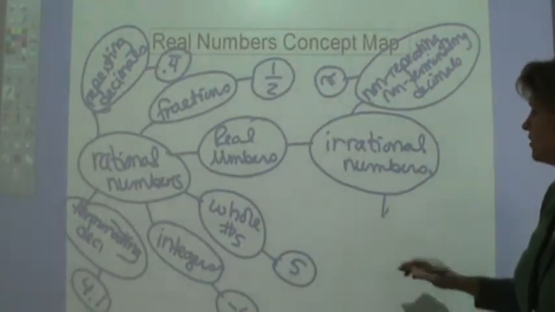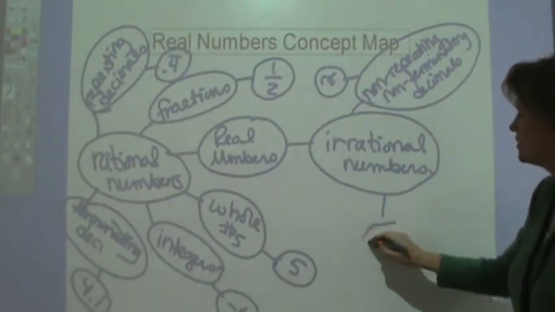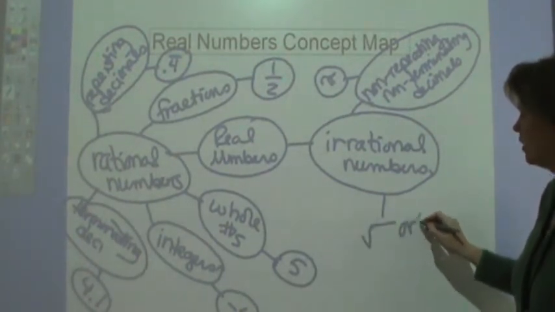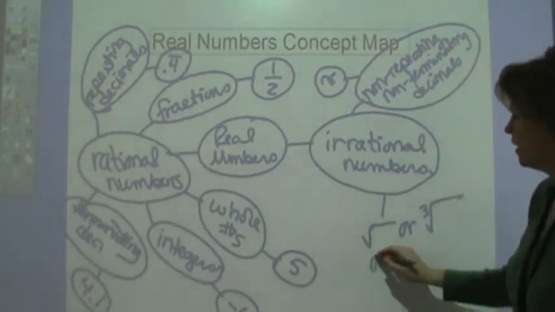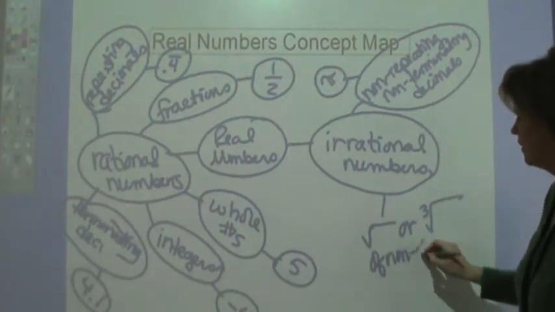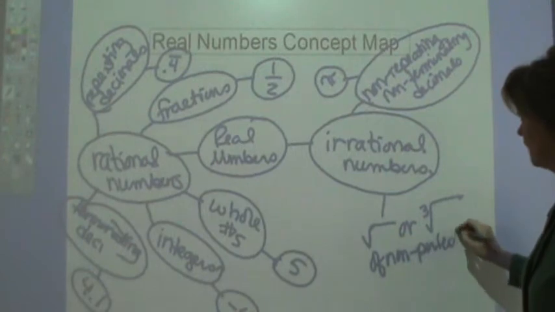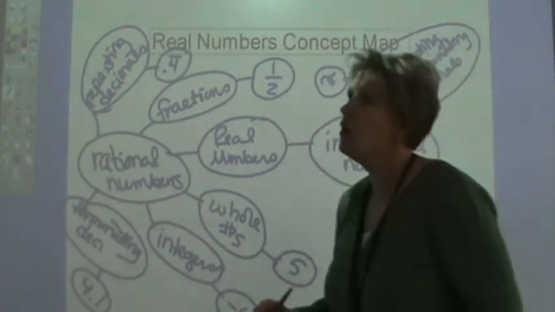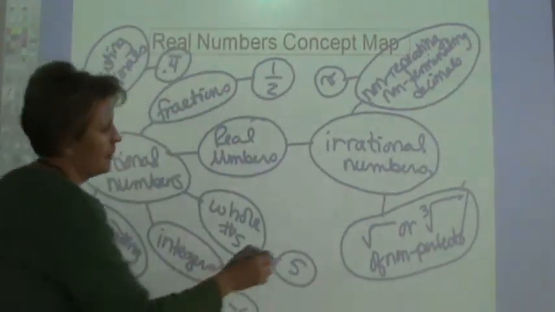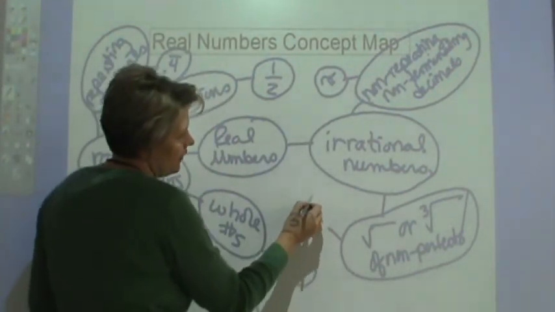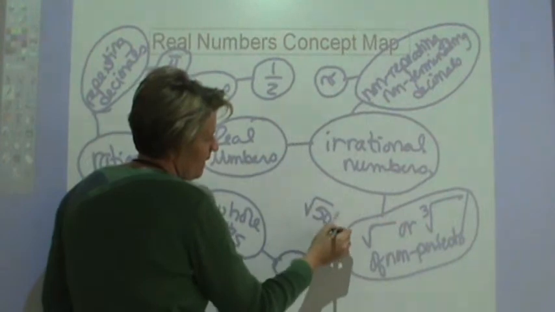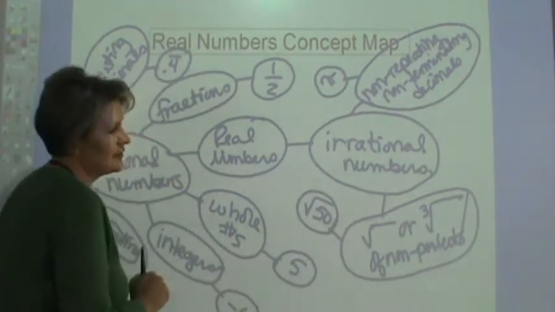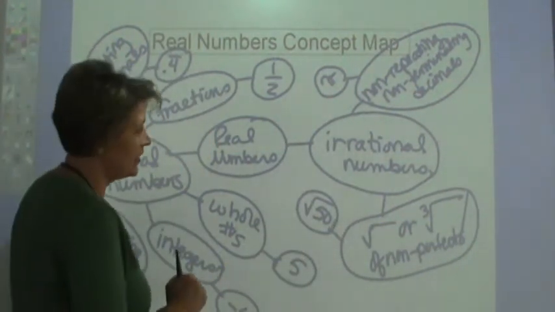Another type of irrational number would be your square roots or cube roots of non-perfects. So non-perfect squares, non-perfect cubes. So for example, like when we were doing the estimating, like the square root of 50, it's pretty close to 7, but it's going to be a decimal.